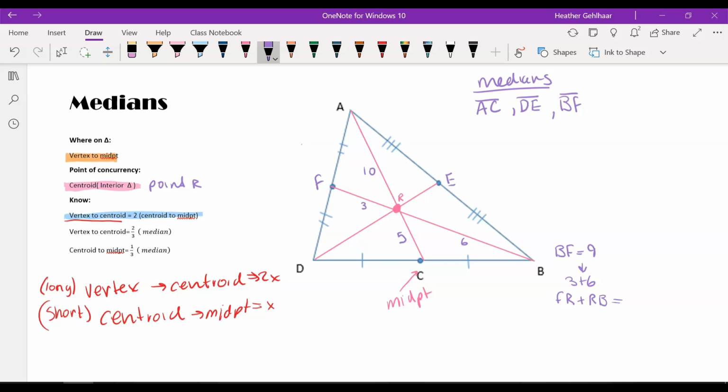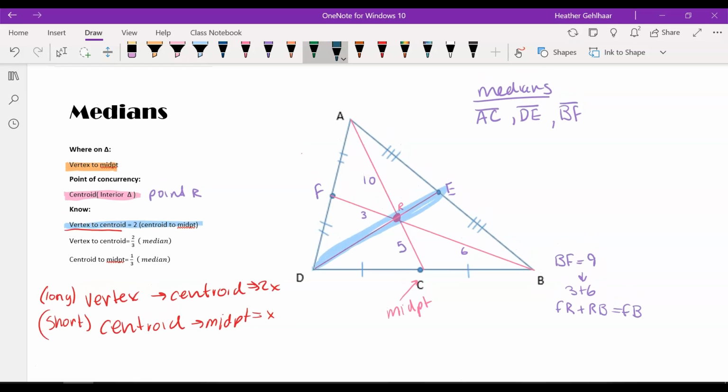RB will equal FB. Now, we also can say, if we have here DE, and I know that DE equals, let's say, 21, and I want to know what DR is and what RE equals.